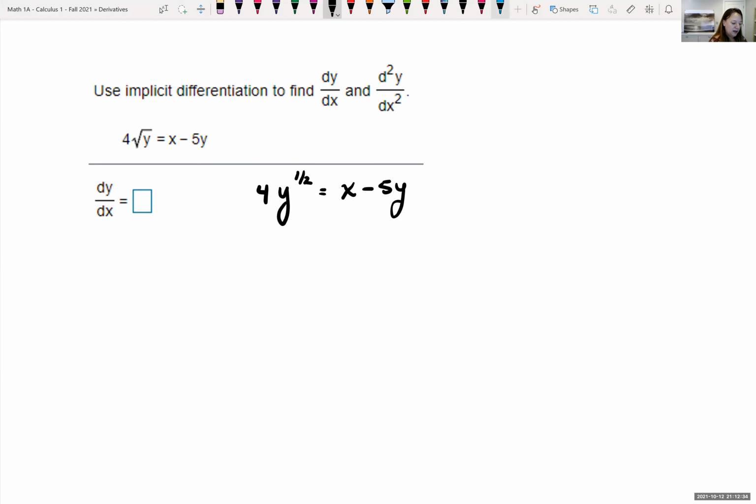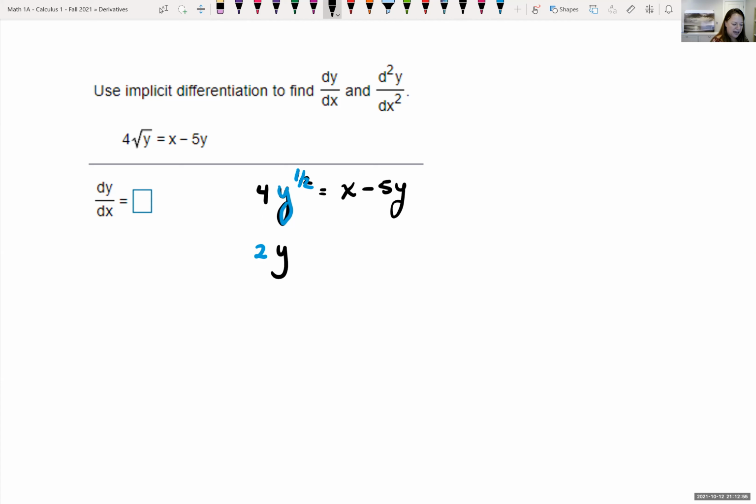When I take the derivative of the left-hand side, bring down my power, so 1/2 times 4 gives me 2, of the inside y, subtract 1 from my exponent.